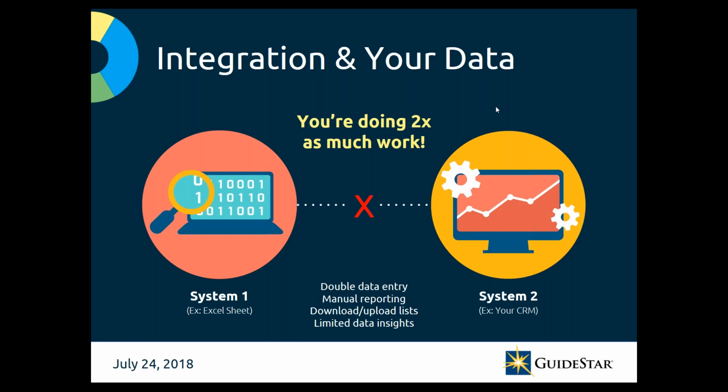Now, that is an egregious example of how data is not integrated. I highly doubt that any of you are that bad, and if you are, please start chatting about that. But the reality is that that's a good example of when things are not connected, it's going to cost you time, and in turn, that's going to cost you money.